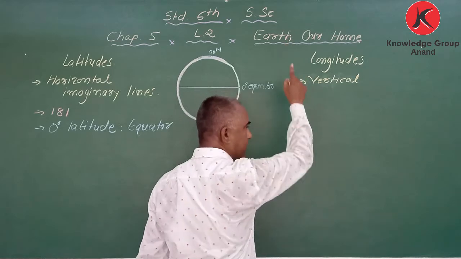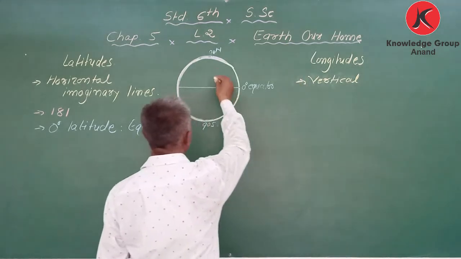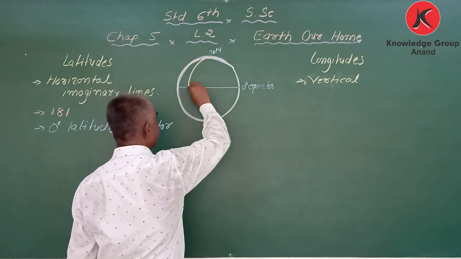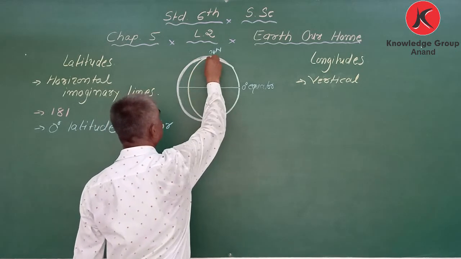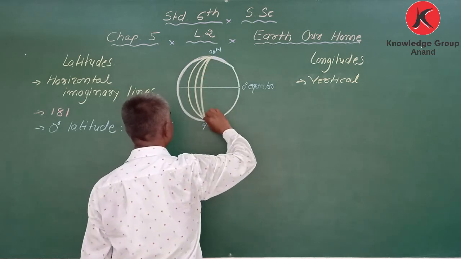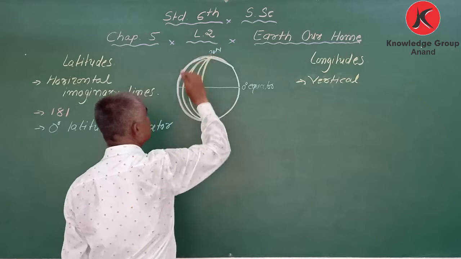My dear student, how to remember? V means from upper to down. That's why they start from here, like this. Got it?